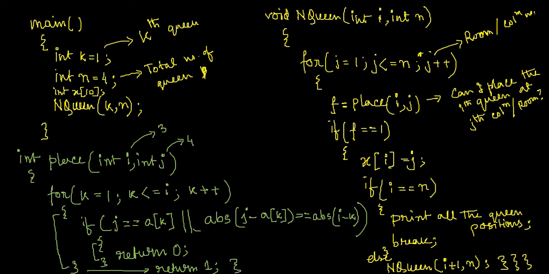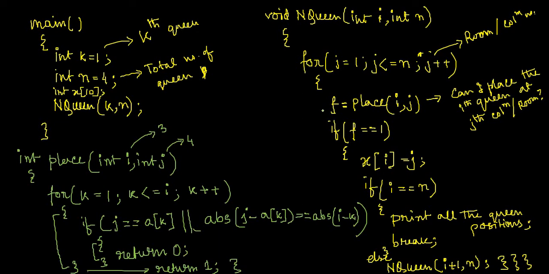And then my function will stop. So this return 1 will execute only when the loop runs to completion, not because of a condition. Because if for any k one of these conditions is satisfied, it will directly return 0 to the nQueen function.